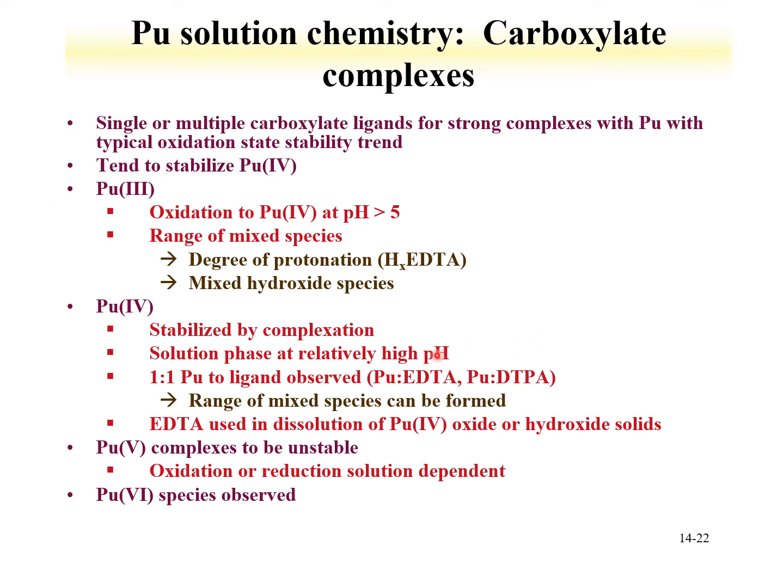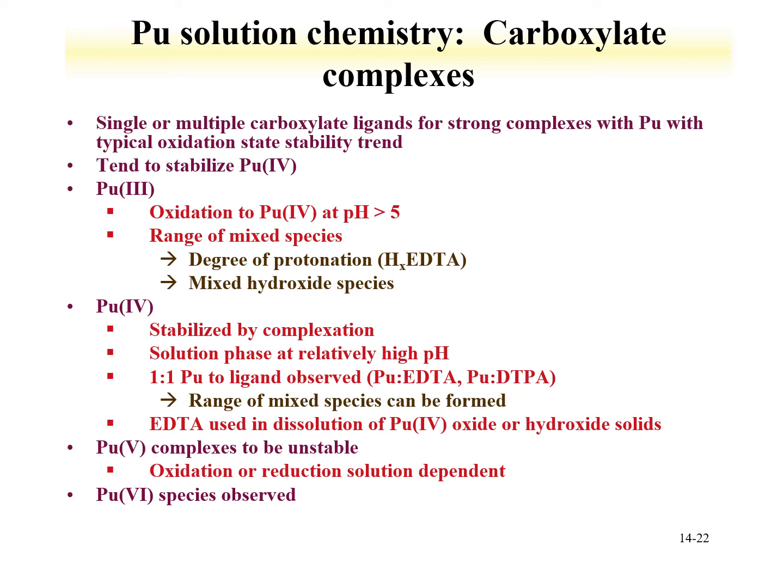So for instance, ethylenediaminetetraacetic acid or diethylenetriaminepentaacetic acid, they form 1-to-1 ligand to metal complexes with plutonium. There's a range of mixed species that can be observed. So for instance, plutonium with a hydroxide and a DTPA.